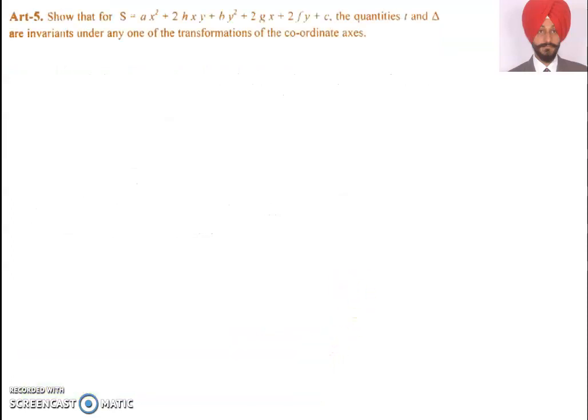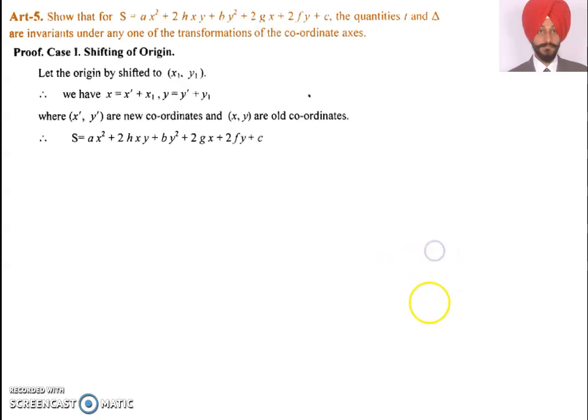So the article is: show that for S is equal to ax square plus 2hxy plus by square plus 2gx plus 2fy plus c, the quantities T and delta are invariant under any one of the transformations of the coordinates.